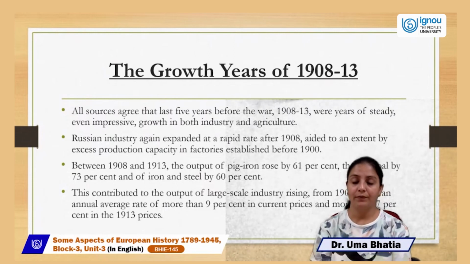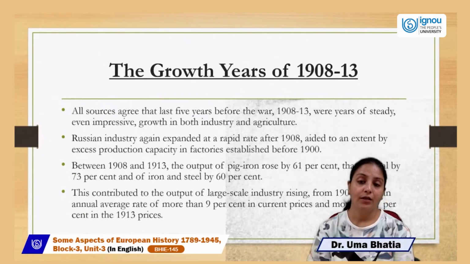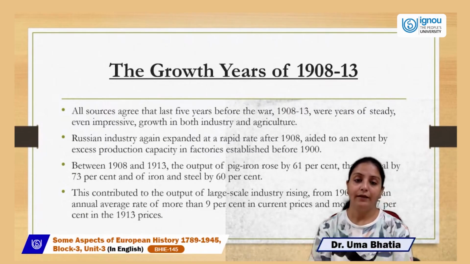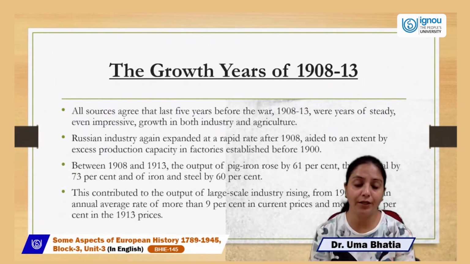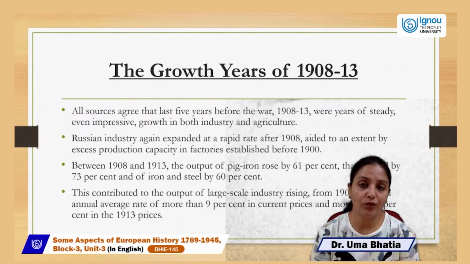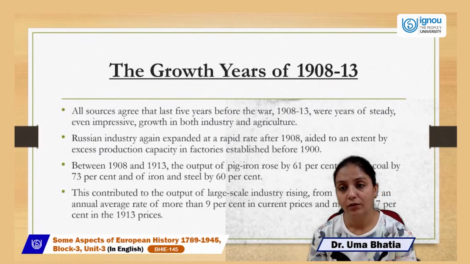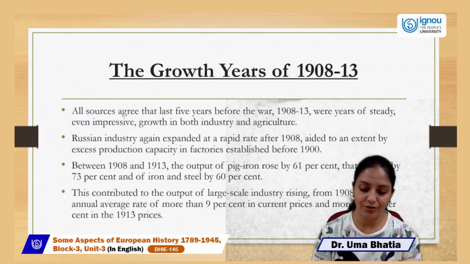Prices rose, production rose, industry rose, agriculture rose, and pig iron rose at a rapid rate. So many things were growing in the development of industrialization.